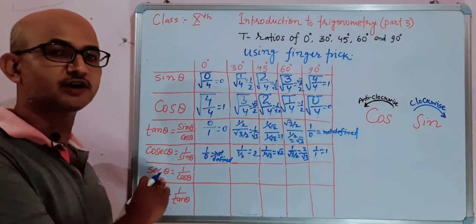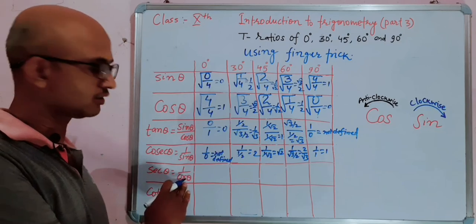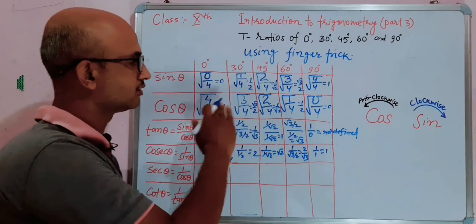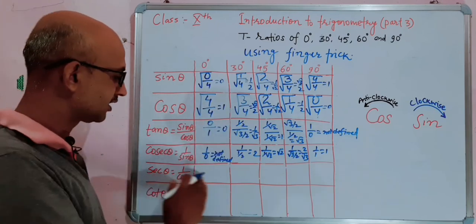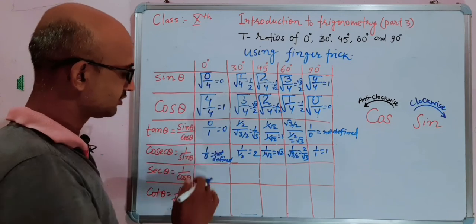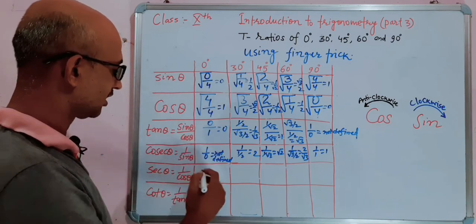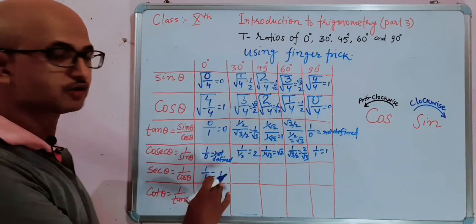Again, we find value of sec. Since sec, it is reciprocal of cos, and we have got value of cos, now find their reciprocal, we will get value of sec. Sec 0, it is reciprocal of cos 0, and reciprocal of cos 0 is 1, so sec 0 is 1.